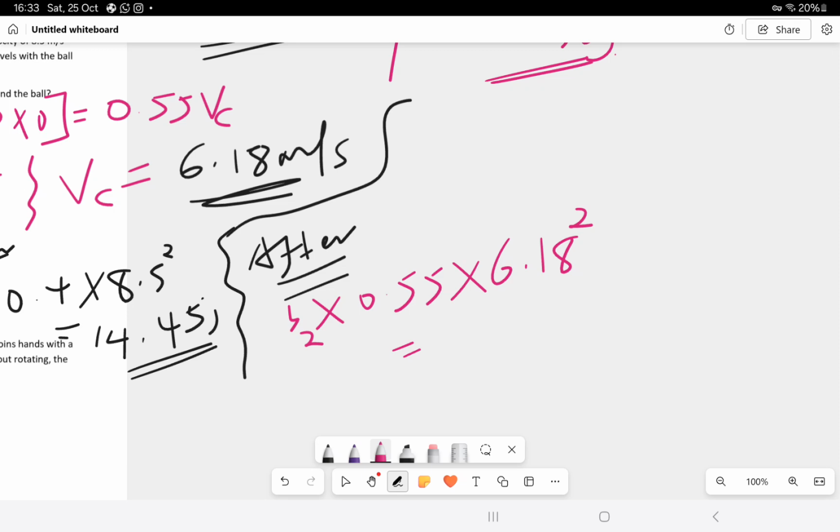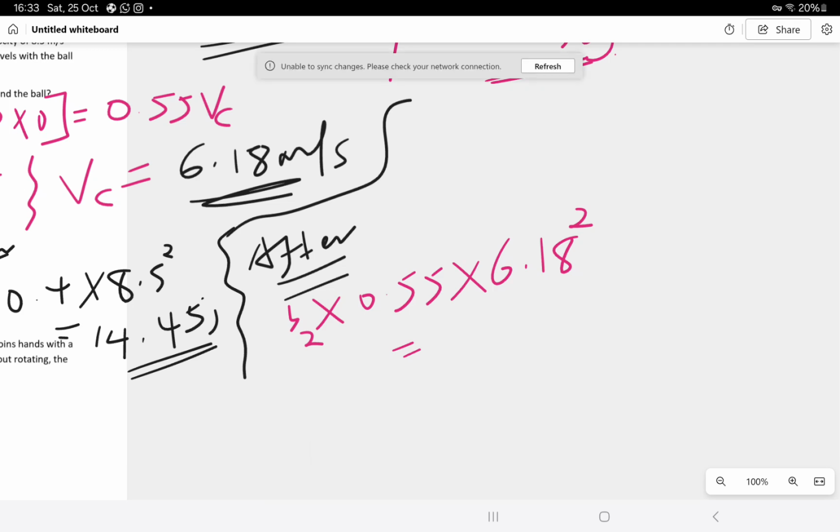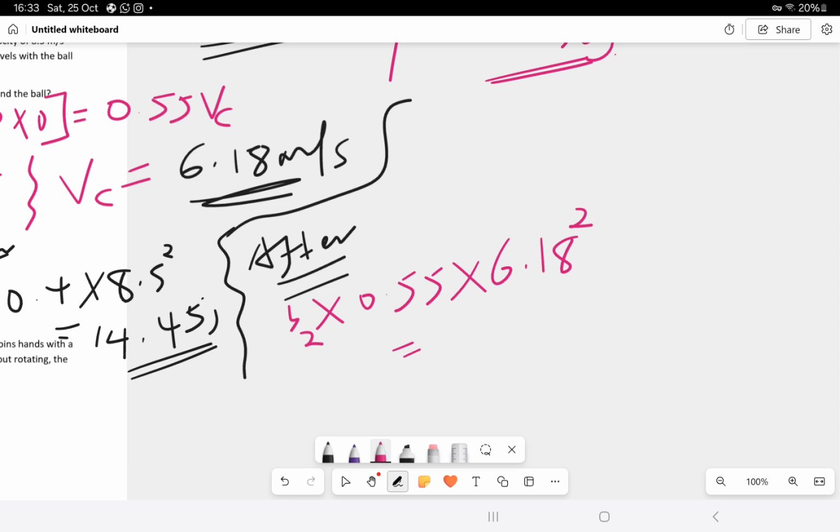Then divide by 2, and you get 10.55 joules. So the kinetic energy decreased from 14.45 to 10.55.